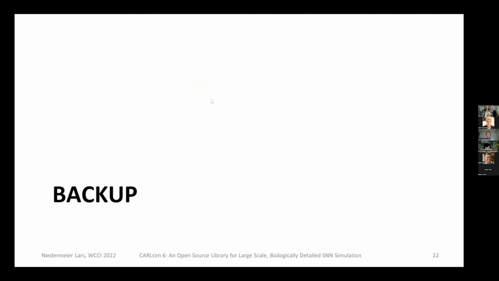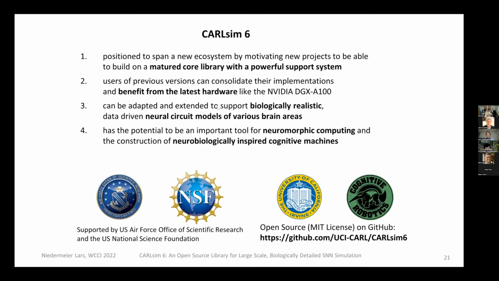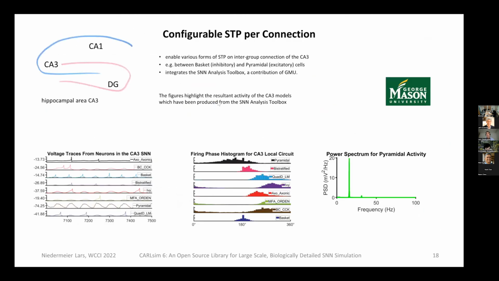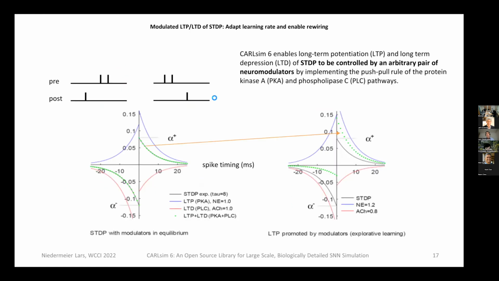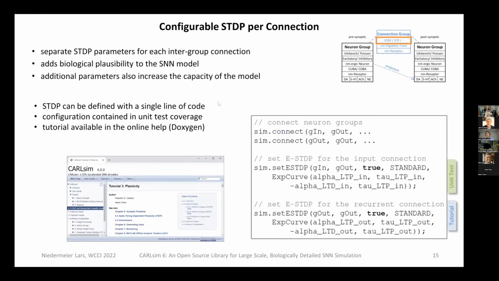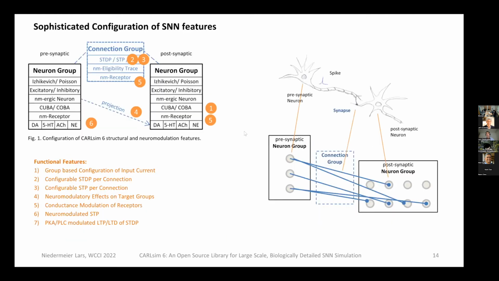If I may, when we go back to the configuration slide, you have these neurons which project to a postsynaptic neuron group, and there the level of dopamine and the other 4 neuromodulators are captured.